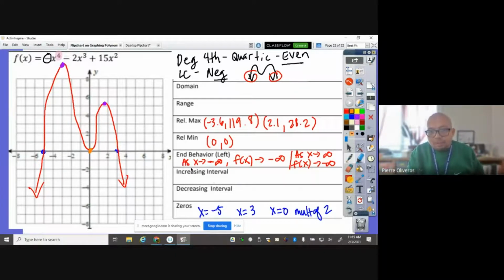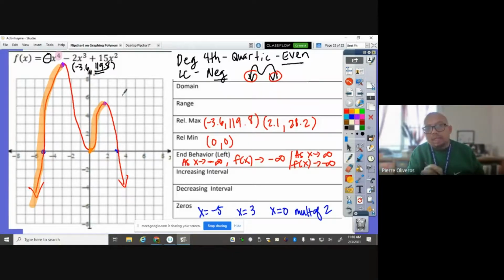When we're finding the increasing interval, we look at the increasing portion of the graph, in the orange one here and the orange one there. Remember, guys, this point here is -3.6, 119.8. Do we need the y value?